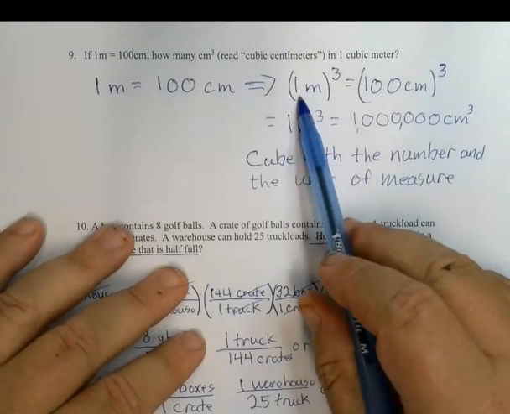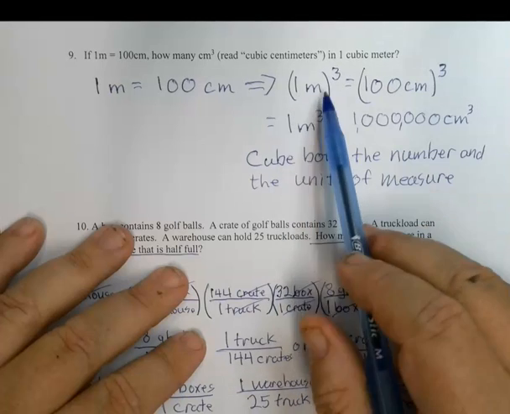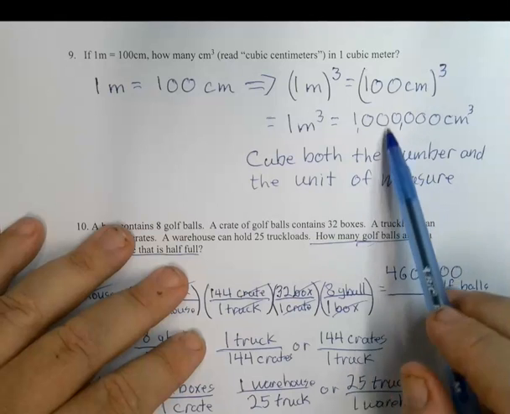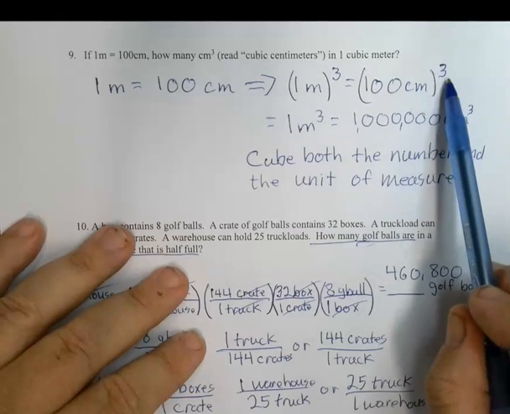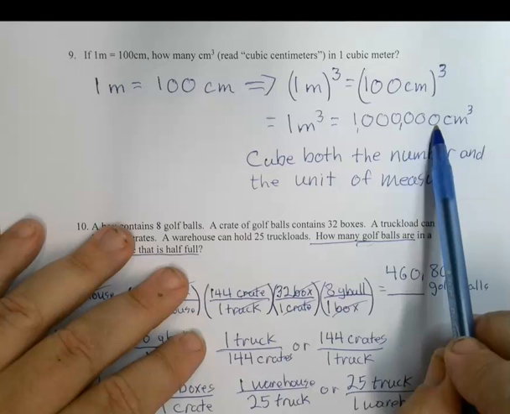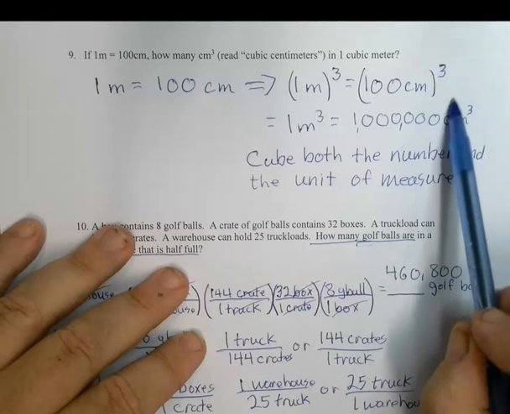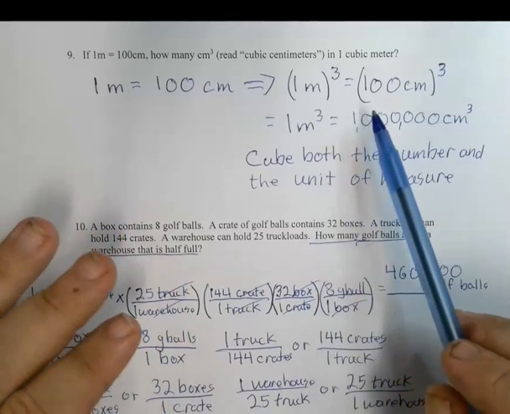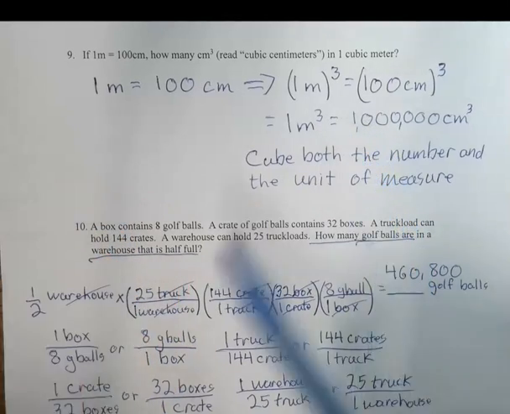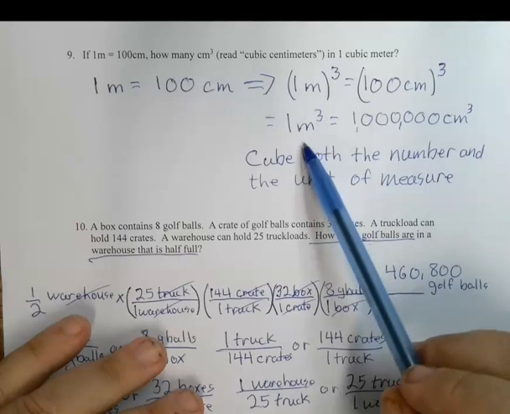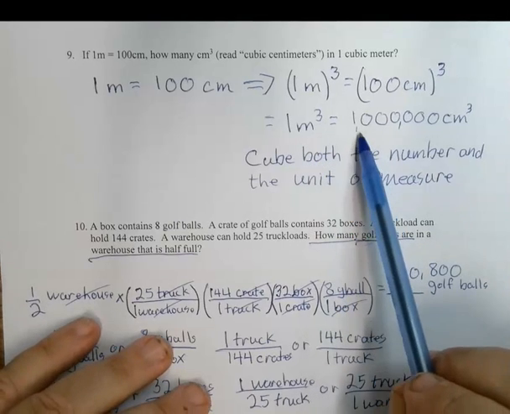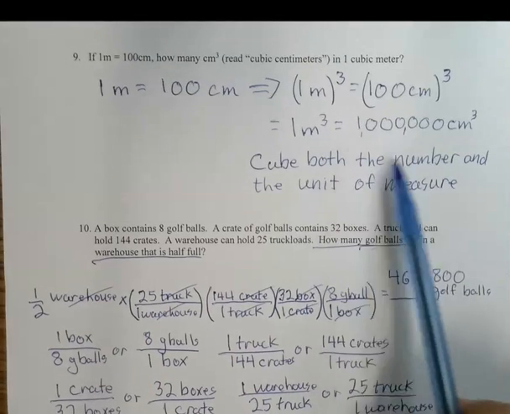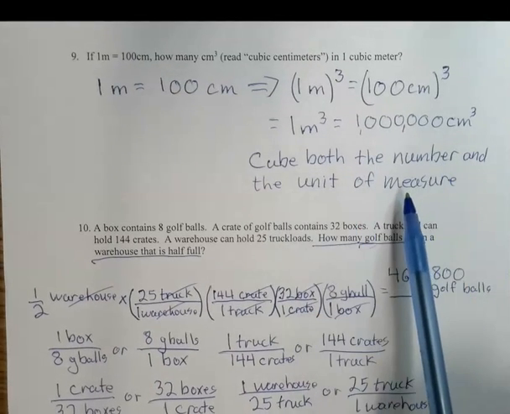So 1 to the third power is 1, and meters cubed is meters cubed. Over on this side, 100 to the third power is 1 million, and centimeters cubed is centimeters cubed. So 1 cubic meter, a meter high by a meter wide by a meter deep, that's a box, 1 meter by 1 meter by 1 meter, is going to be 1 million cubic centimeters. So cube both the number and the unit of measure.